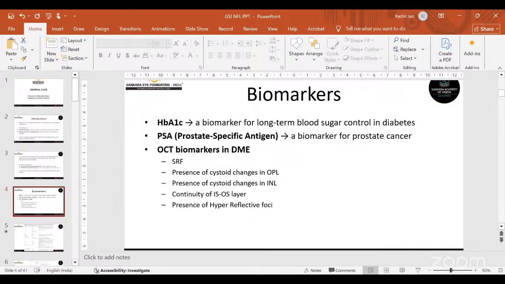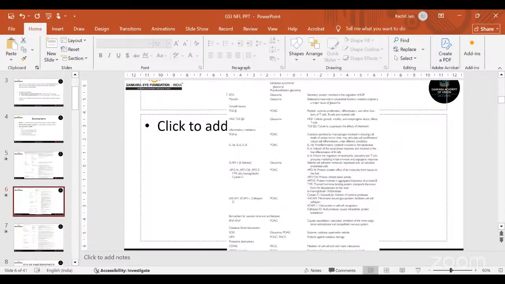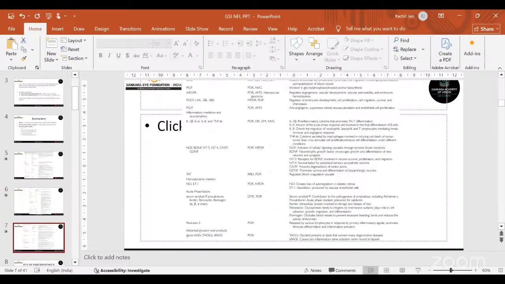In our institute, we have done a study on OCT biomarkers in diabetic macular edema, for example, subretinal fluid, presence of cystoid spaces in the outer plexiform layer and inner nuclear layer, continuity of the IS-OS layer, and presence of hyperreflective foci. These are a few examples of ocular biomarkers, in the conjunctiva, in glaucoma, and in the retina.